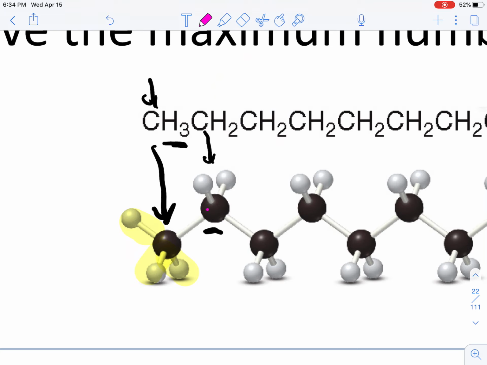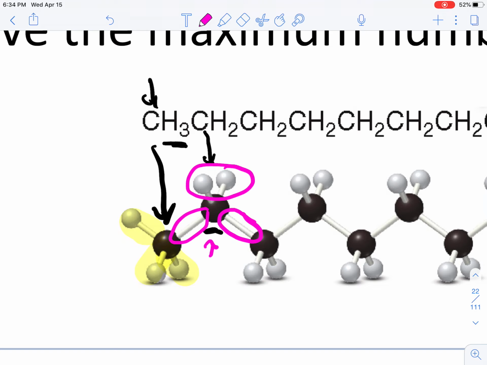The second carbon is obligated to have 2 bonds dedicated to carbon, so the maximum number of hydrogens this second carbon can ever have is 2. Okay? And so given its scenario, it is considered to be saturated as well.